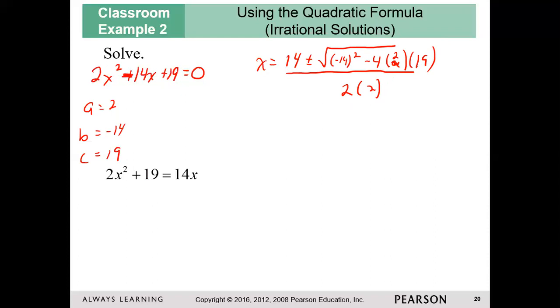All right, so let me just double check to make sure that I substituted everything correctly.